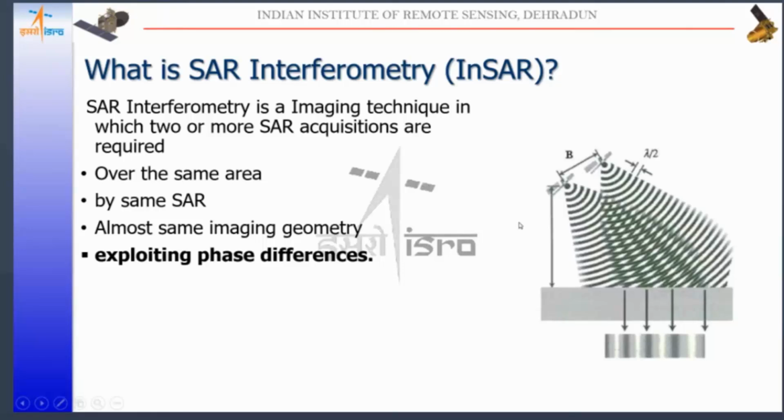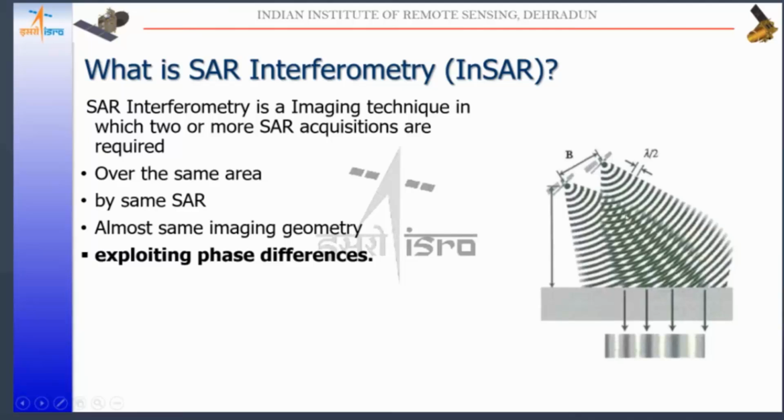Basically, like interference in the normal Young's double slit experiment, we have seen two sources of light. Here, the two sources are the SAR sensors, because it is an active sensor, so it will emit electromagnetic radiation. Those electromagnetic waves will see the same area.